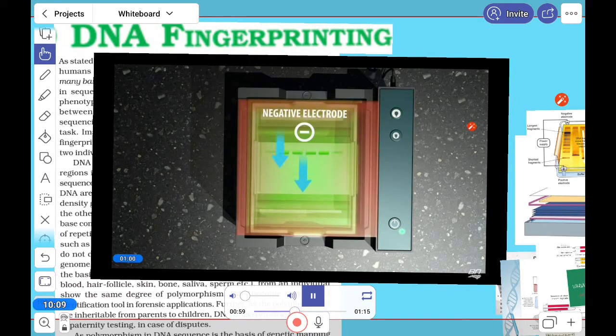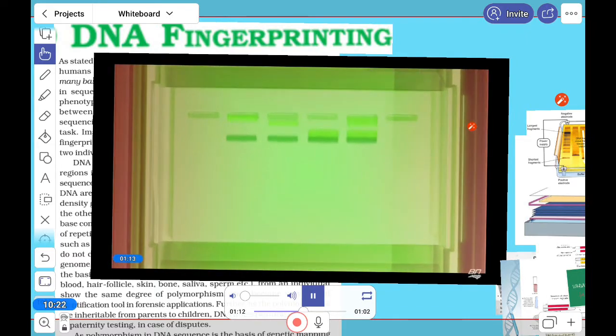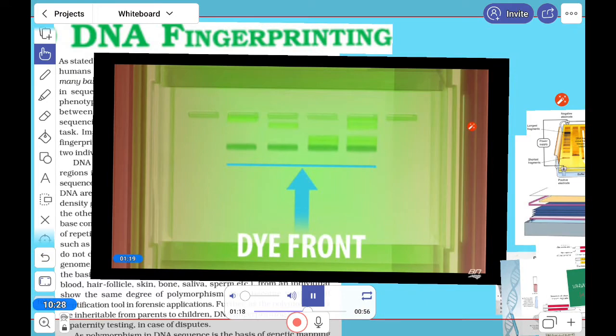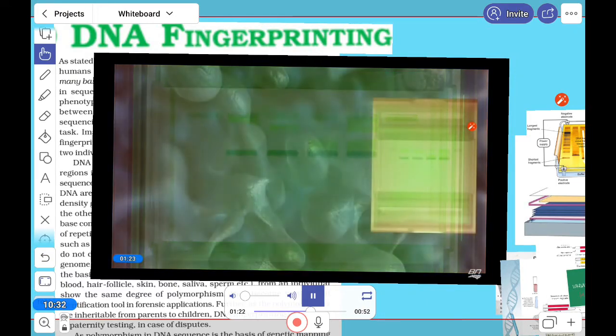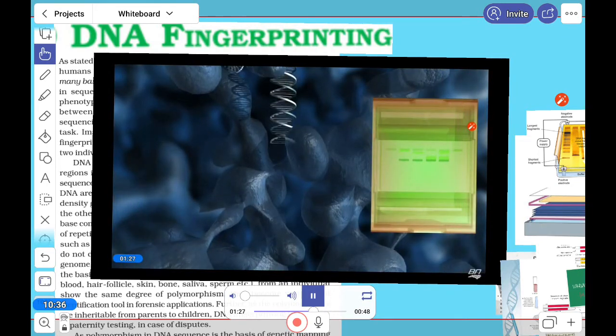Then from the negative electrode, the DNA is now moving towards the positive side, and it forms that kind of band structure. See that those having more repeats stay at the back, and see how this is possible.